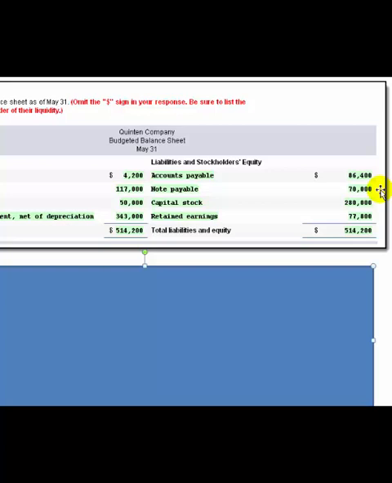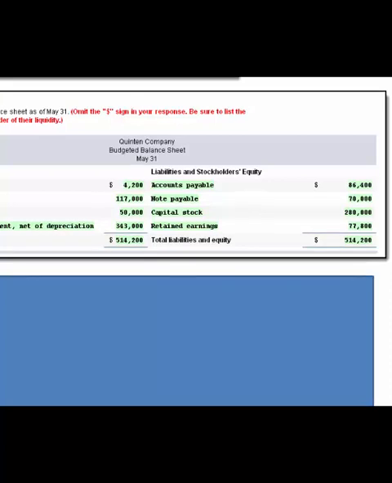Capital stock was $280,000. We had no transactions this period that impacted capital stock. So therefore capital stock is the same at $280,000. And then retained earnings, we start off with beginning retained earnings. We add in any net income that we had, that we previously calculated, and we would subtract out any dividends if there were any.